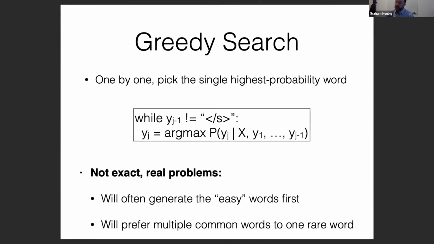And another issue is it will prefer multiple common words to one rare word. For example, if we had a choice between New York and Pittsburgh, even if the product of New and York was lower than the probability of Pittsburgh, if the probability of New only was higher than Pittsburgh, this greedy search would make that decision prematurely and not be able to back off and reconsider the decision later.